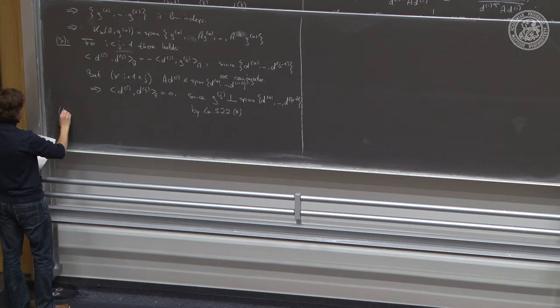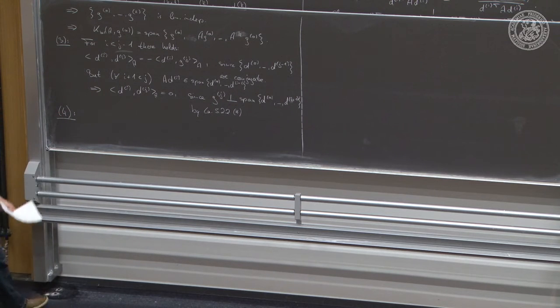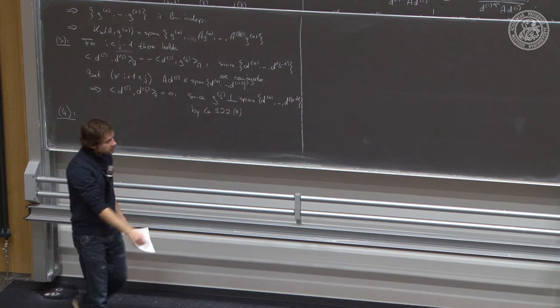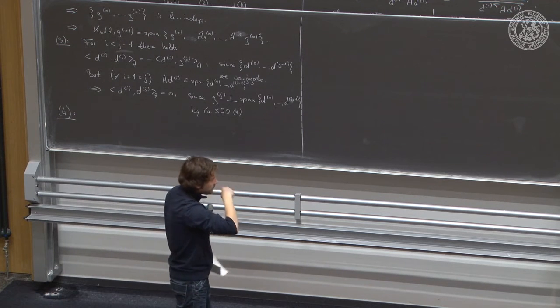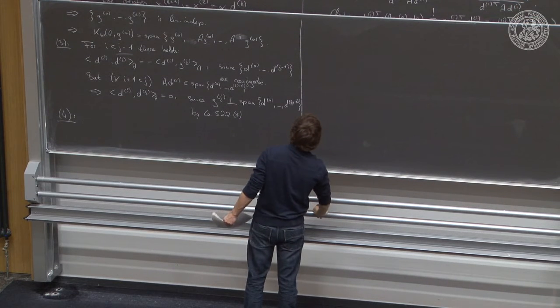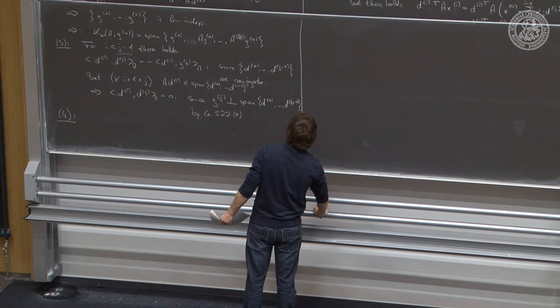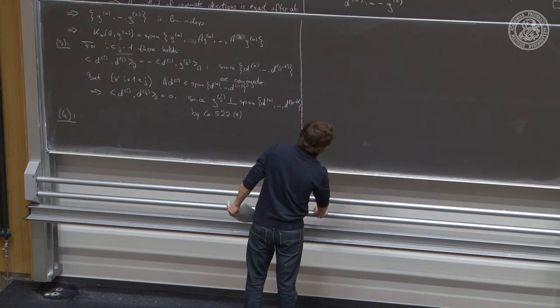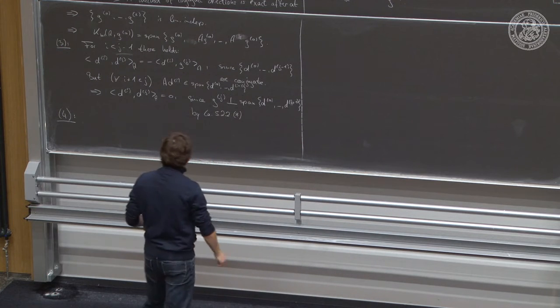So now it still remains to prove the fourth assertion. That is just the result that we can rewrite our scalars alpha_k and beta_k as follows.